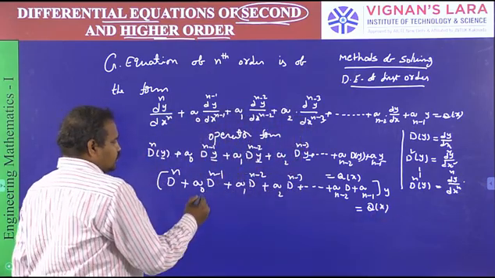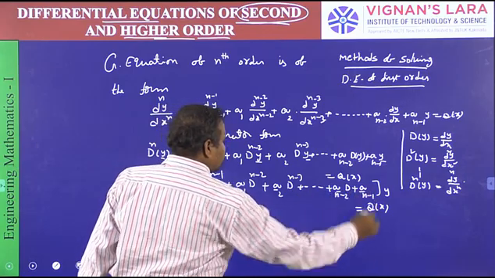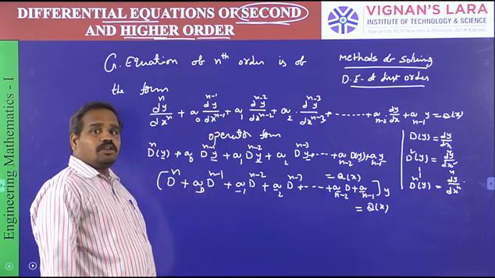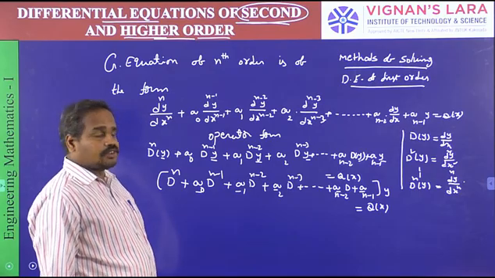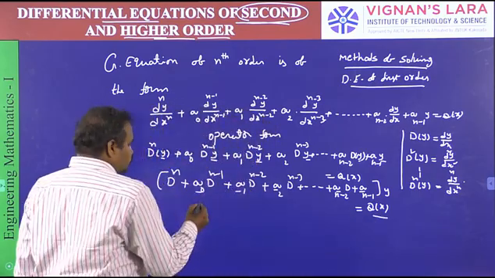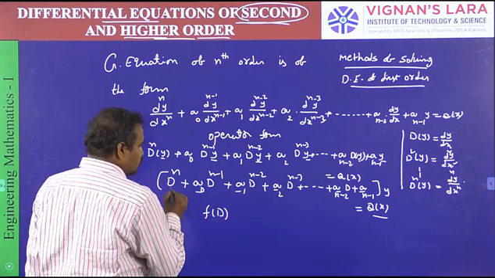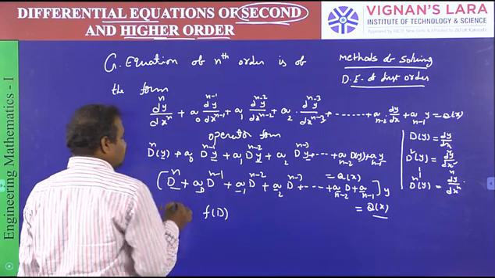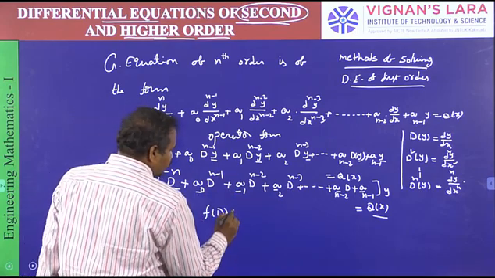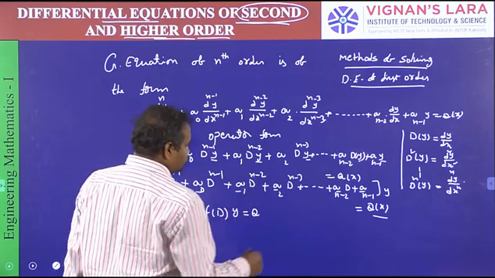And here a0, a1, a2 and so on, a(n-2), a(n-1) are either constants or functions of x. This whole expression can be written as f of D, so f of D into y is equal to q.